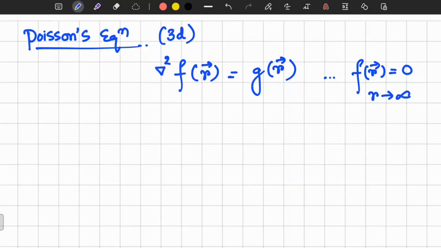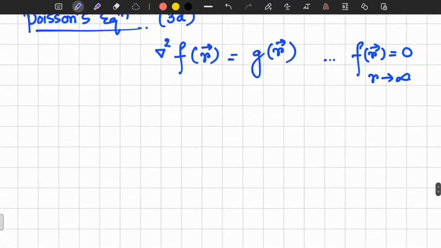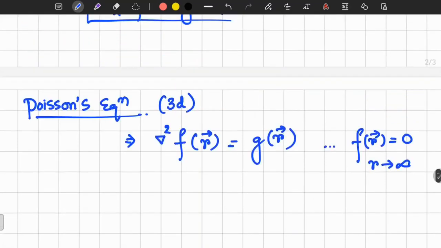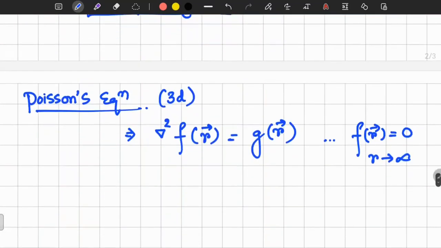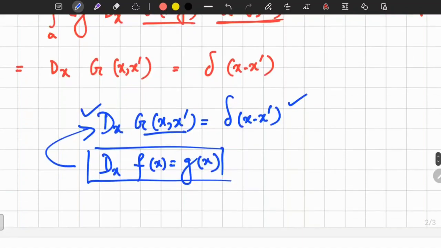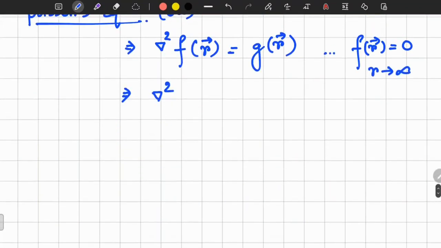Okay. Now, if this is the equation, then what will be our Green function equation? This equation, we can write in a similar way, just del square, because if we see here Dx will be there, same Dx. So here Dx is the Laplacian operator del square. So here actually Dx is equivalent to the Laplacian operator del square.